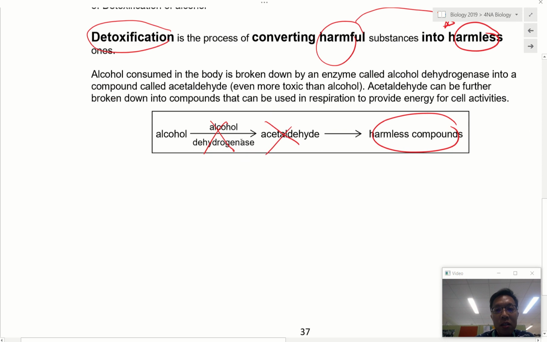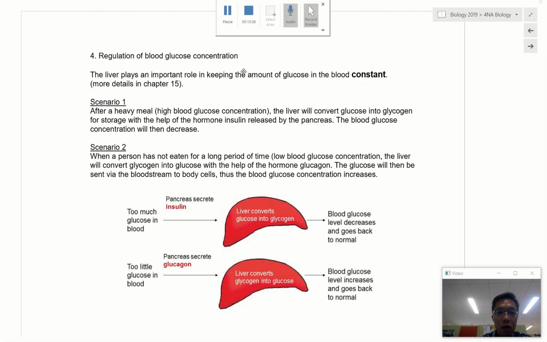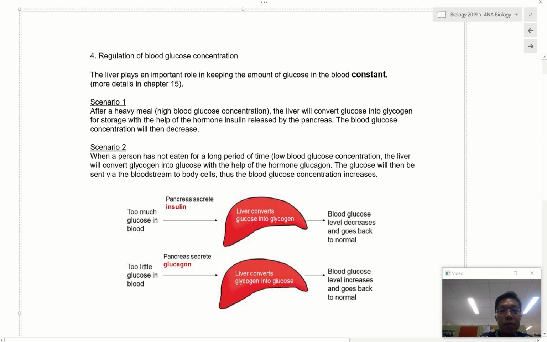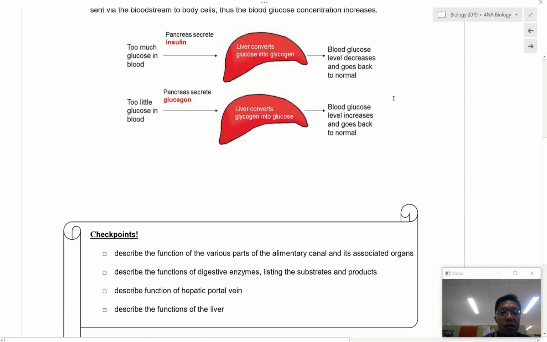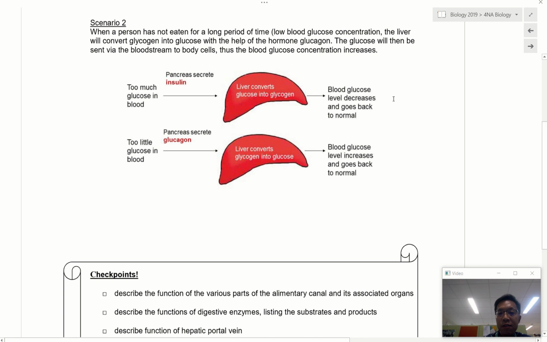And last but not least, we talk about blood glucose concentration regulation. It's important that the concentration of glucose in the blood remains constant. So how does it do that? I'm going to leave it for you to read the scenarios, but if you have a lot of glucose in the blood, maybe you eat a lot of carbohydrates, it digests into glucose, and everything is taken into the bloodstream.